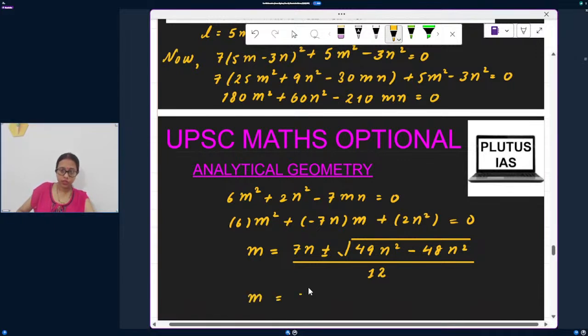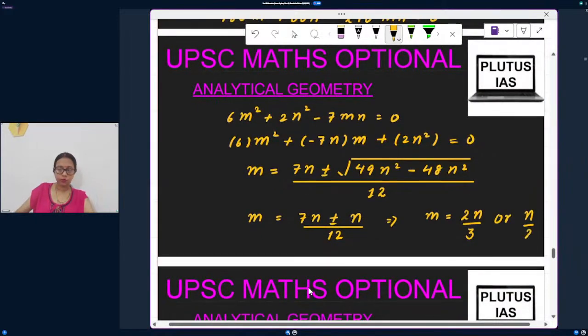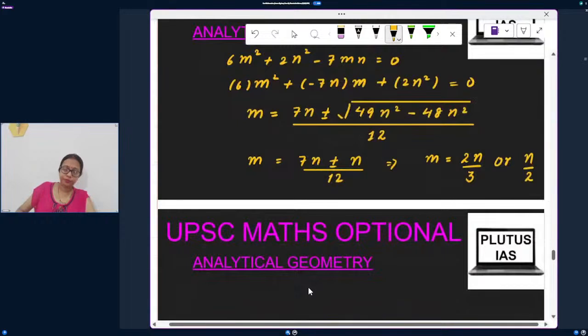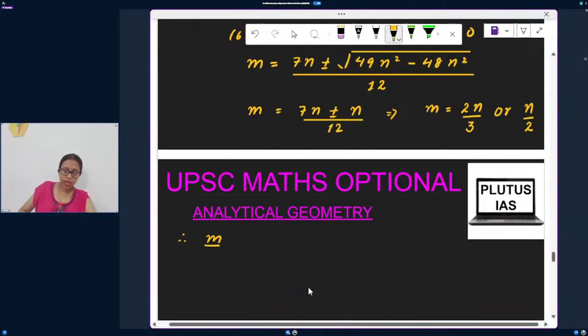So m is equal to 7n plus minus square root of n square, which is n, divided by 12. So we get m is equal to 8n by 12, which is 2n by 3, or 6n by 12, which is n by 2. Therefore, m by n is equal to 2 by 3, or m by n is equal to 1 by 2.